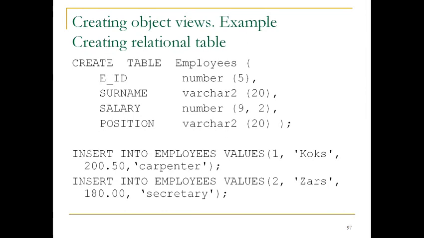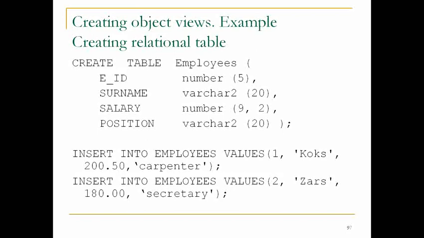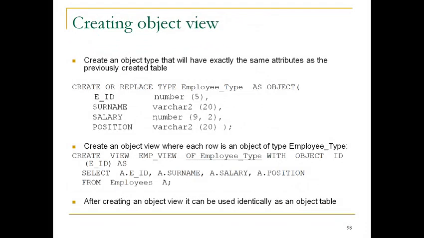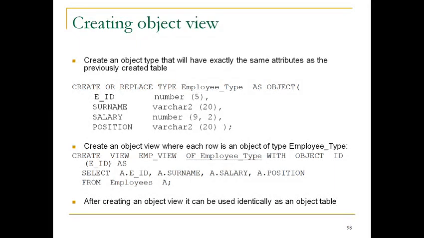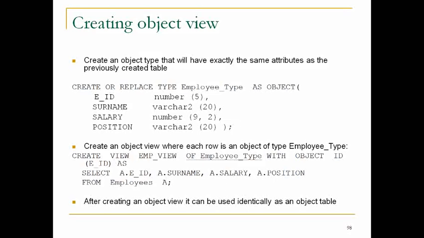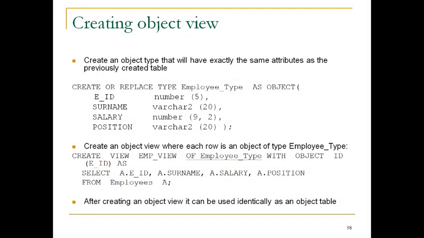And if we already have such a database, how can we use it in an object-oriented way? It is done in two steps. At first, we have to create the type that will be our resulting type. If we want to create a view for a specific table, then these attributes should be the same as the columns in the table.